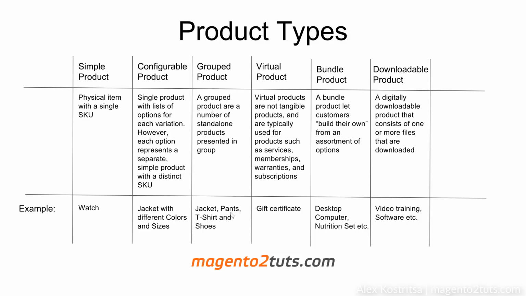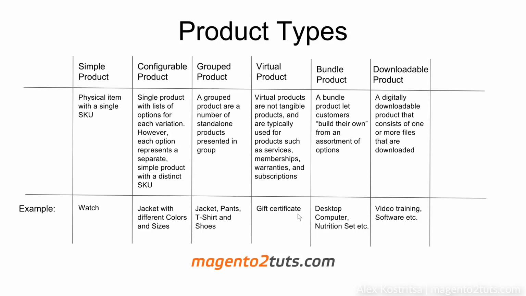The next one is a virtual product. Let's check the definition. Virtual products are not tangible products and are typically used for products such as services, memberships, warranties, and subscriptions. So let's talk a little bit about this. A virtual product is not a physical product, but it still delivers value. For example, I indicated gift certificate. So if someone purchases a gift certificate, they pay, but more likely we will not ship something to them.